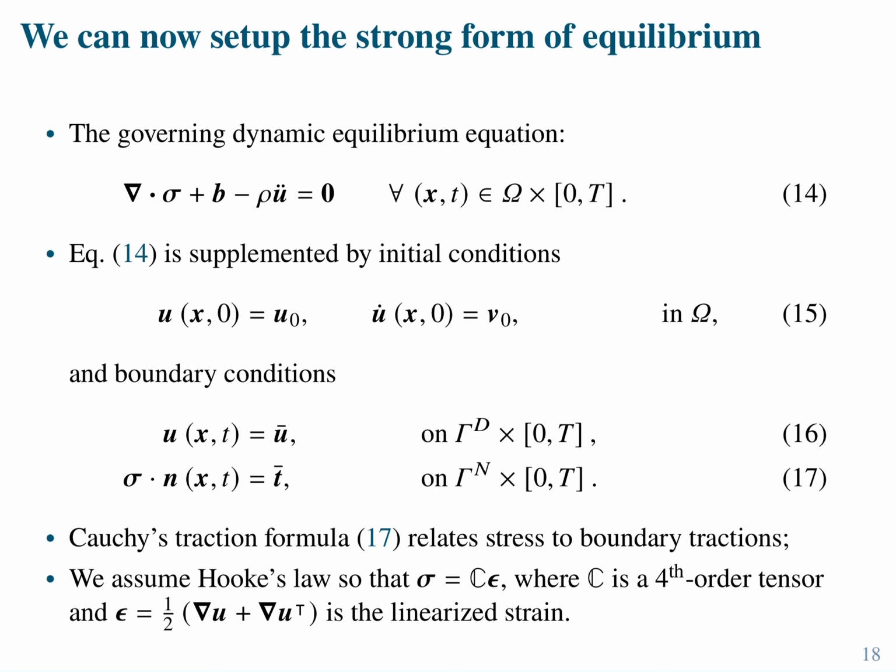That you're not capable of expressing rotations very well. Yeah, that is actually a good point. What happens when you try to rotate something with small deformation kinematics? Have you ever tried to apply a rigid body rotation to a finite element mesh that is just using small deformation kinematics? What happens? You get a non-zero strain.